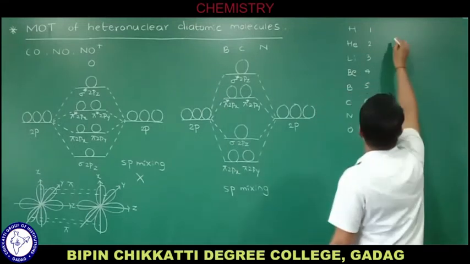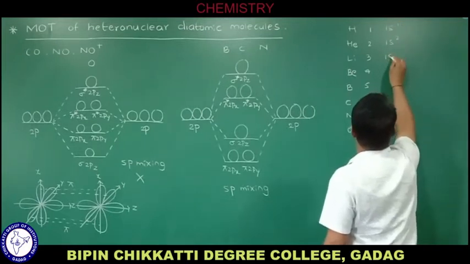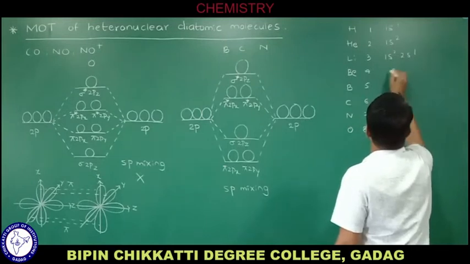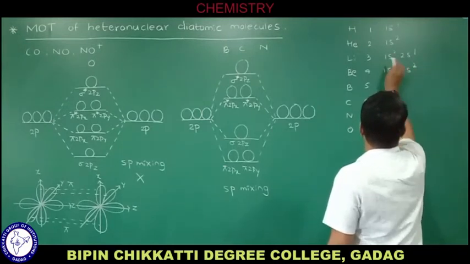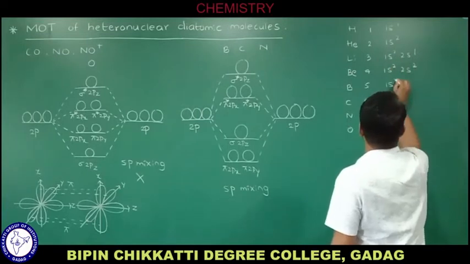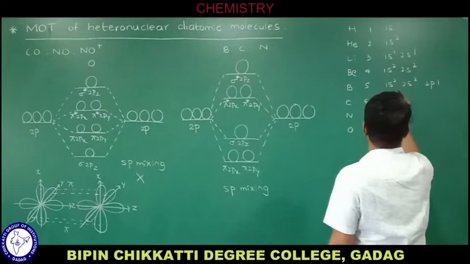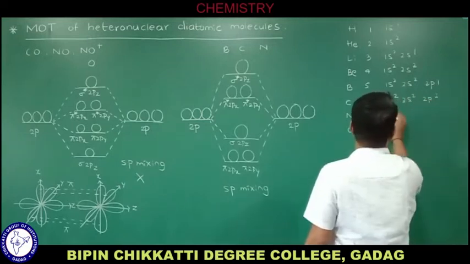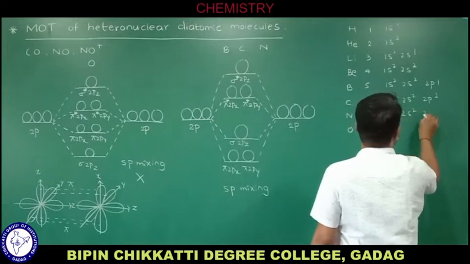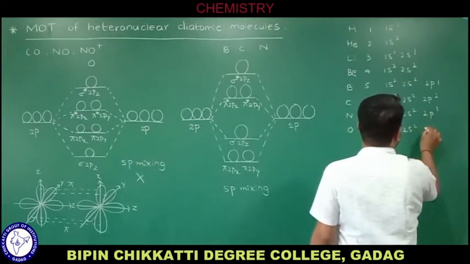Let me write the electronic configuration: 1s1 for hydrogen, 1s2 for helium, 1s2 2s1 for lithium, 1s2 2s2 for beryllium, 1s2 2s2 2p1 for boron, 1s2 2s2 2p2 for carbon, 1s2 2s2 2p3 for nitrogen, and for oxygen 1s2 2s2 2p4.